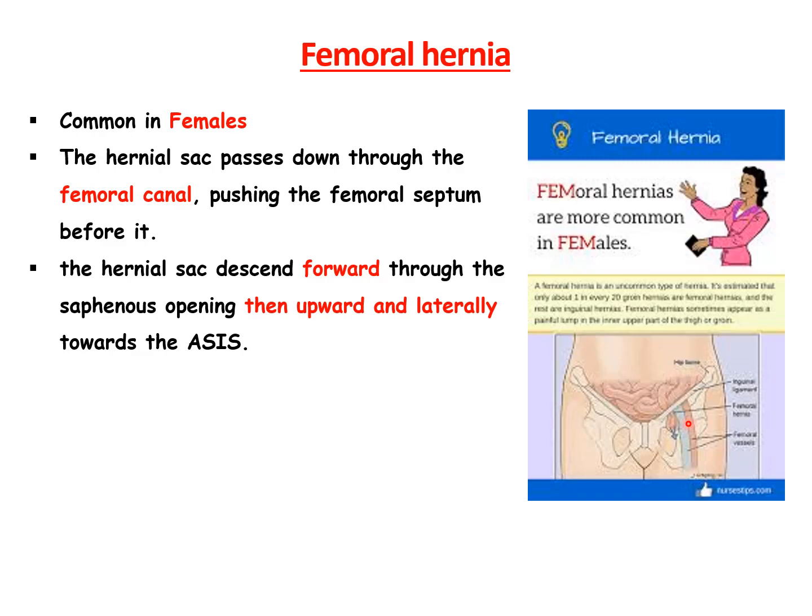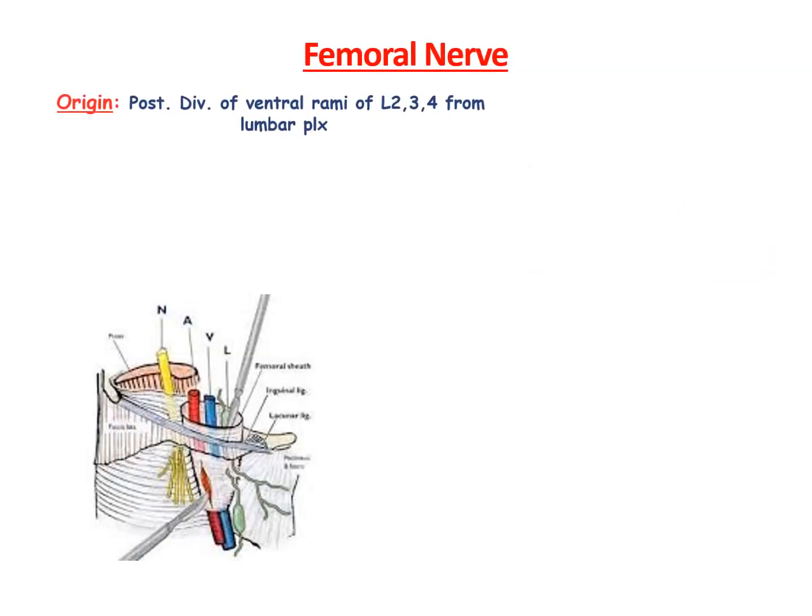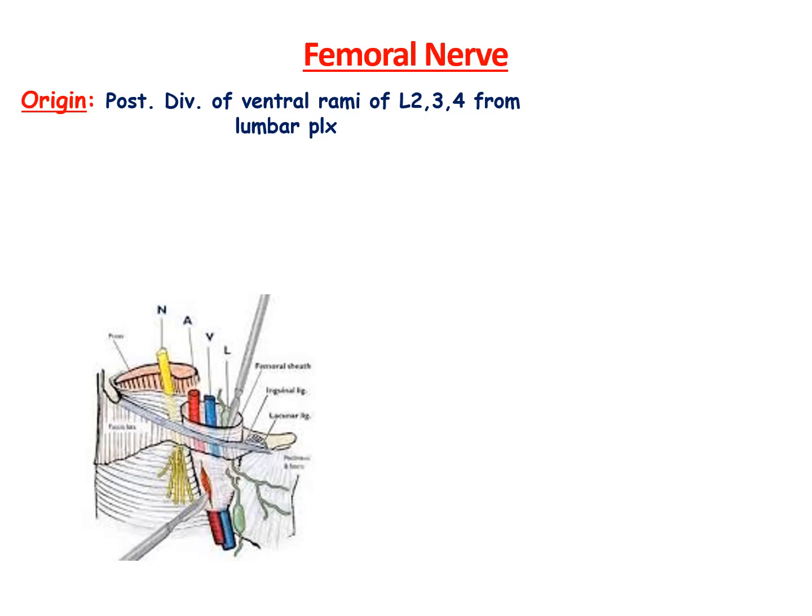The hernial sac passes through the femoral canal, pushing the femoral septum down. As it descends, its direction will be forward through the saphenous opening, and then it passes upward and laterally towards the anterior superior iliac spine.